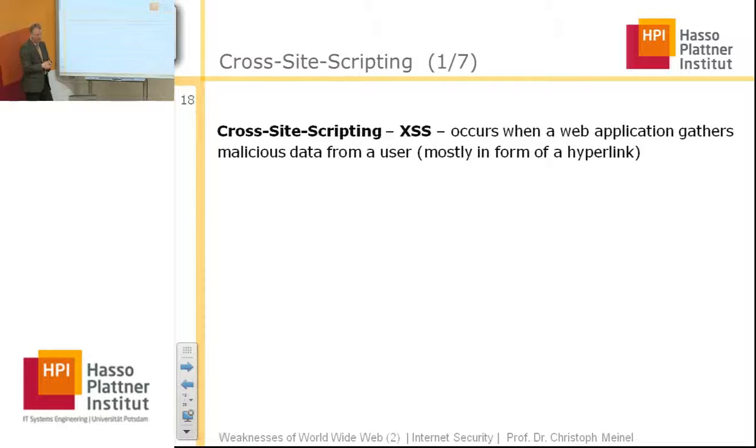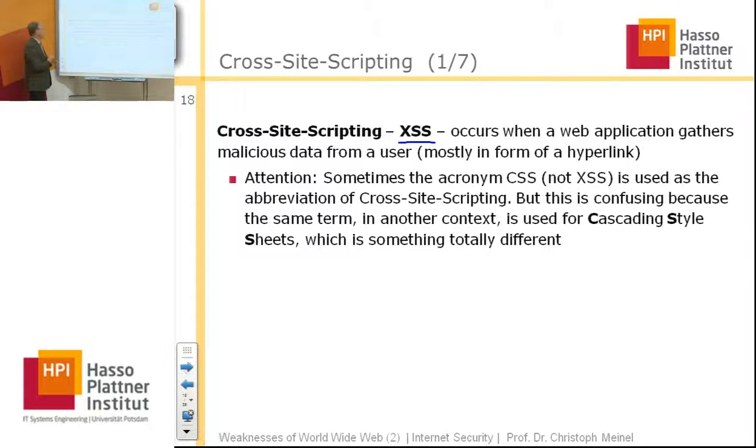The next family of attacks, again on web servers and web services, are the so-called cross-site scripting attacks, XSS. This occurs when a web application gathers malicious data from a user. Mostly, this is done in the form of a hyperlink.